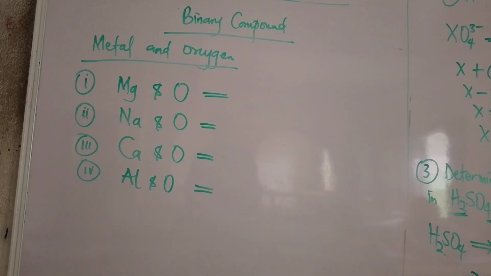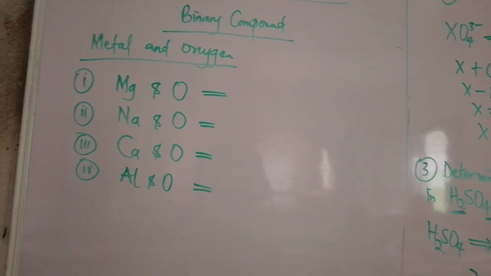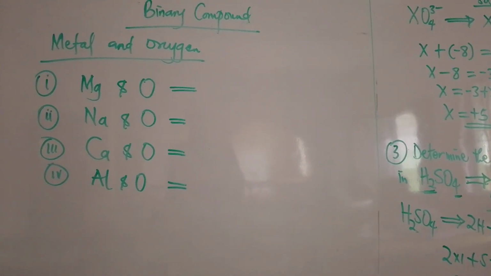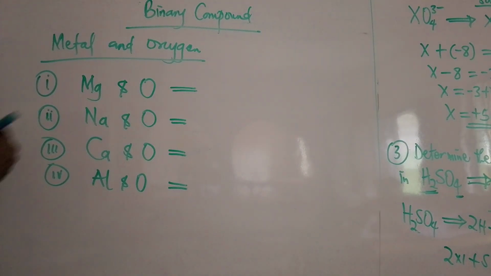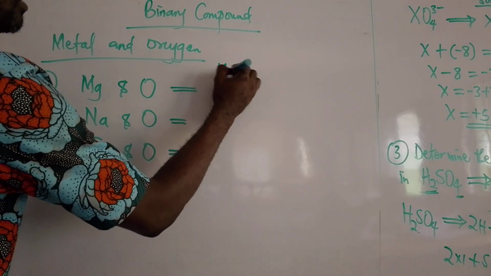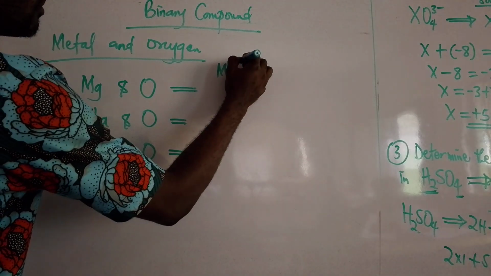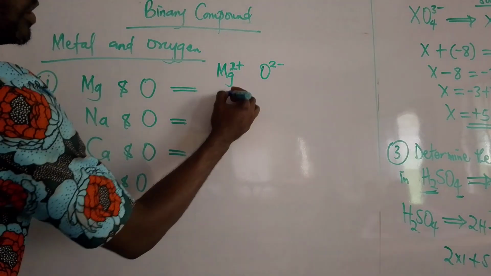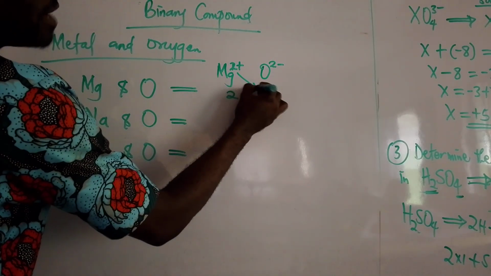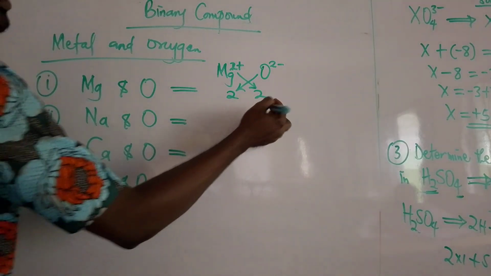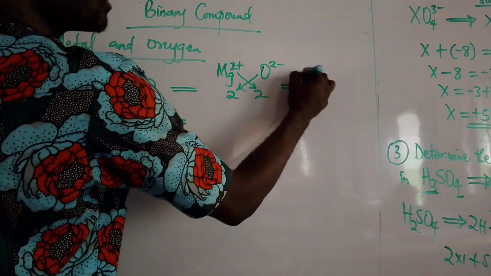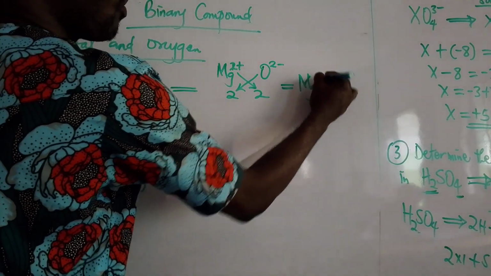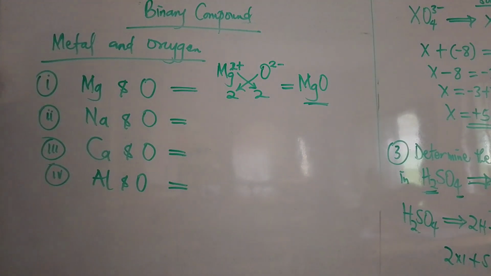So we are going to do the naming of the binary compound. So these two, this one has a +2, that is Mg 2+, and this one has 2 minus. So the same thing. Anytime the thing is having the same number, you just ignore the number and write it as what? MgO. We are after the name, not the formula.